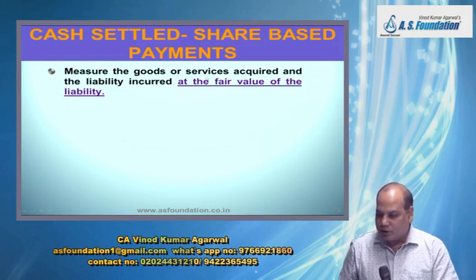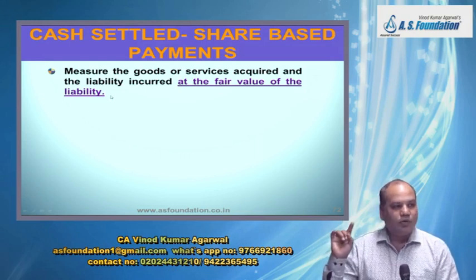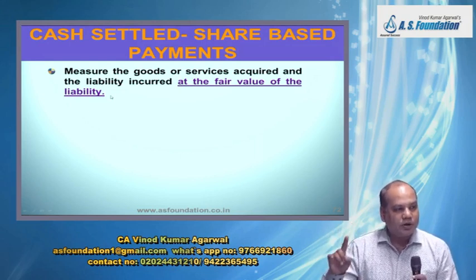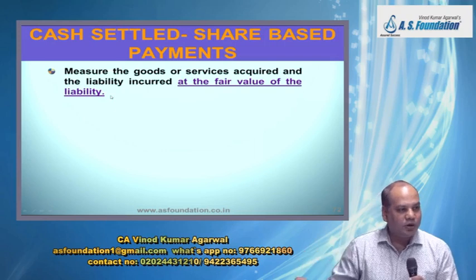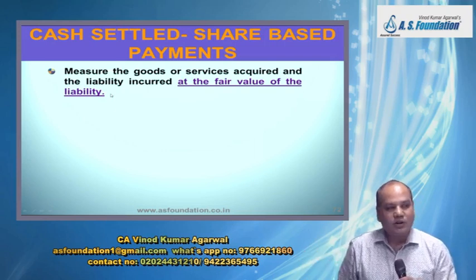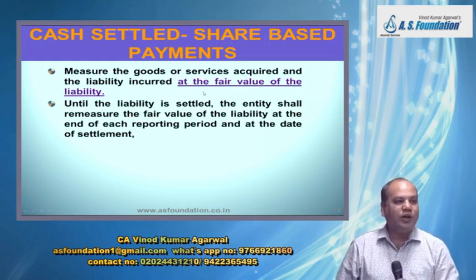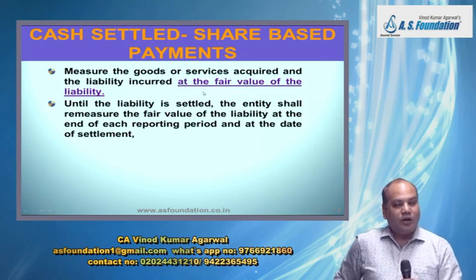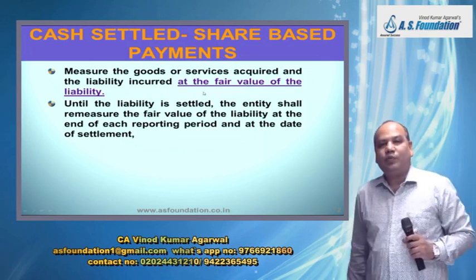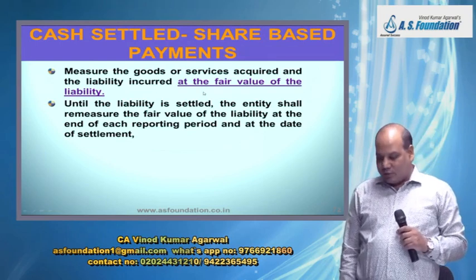Since it is a liability, we have to measure the fair value of the liability first when we enter into the transaction, and second on every reporting date till the settlement is done. It has to be remeasured on every reporting date till it is settled.